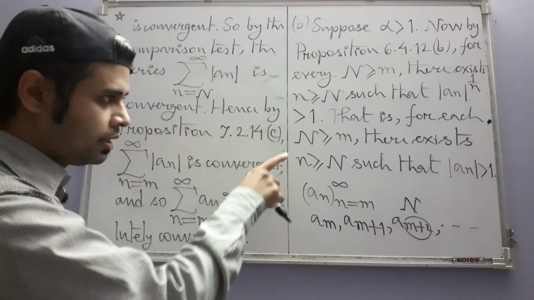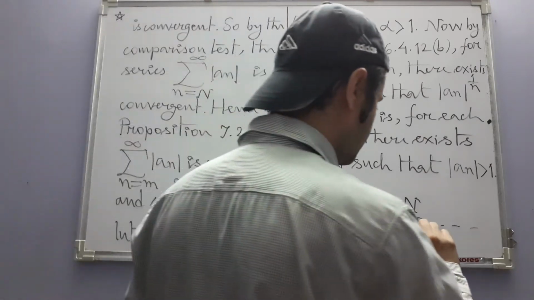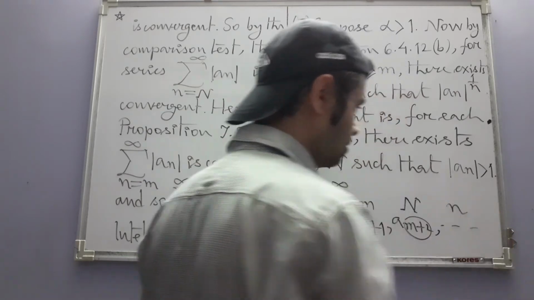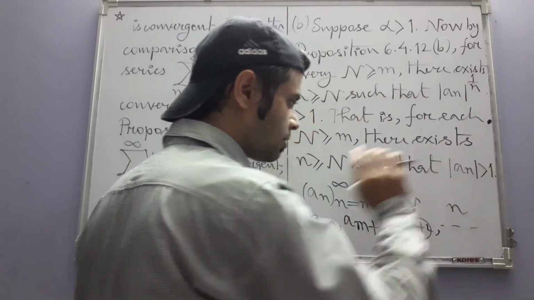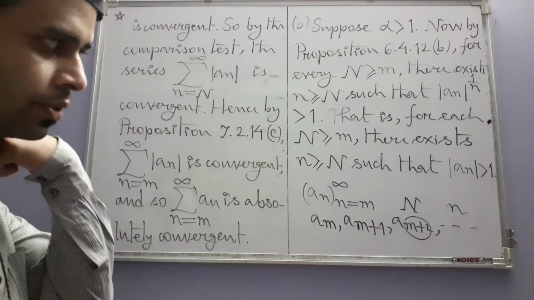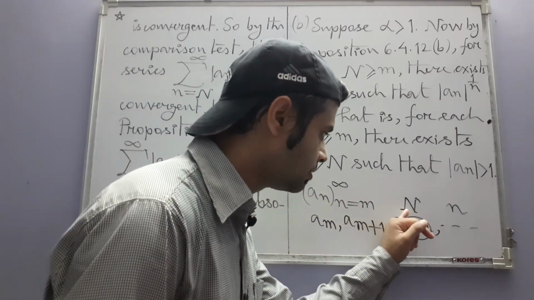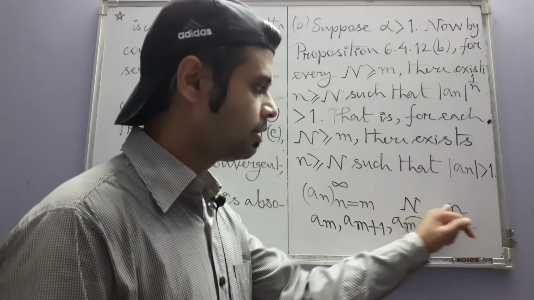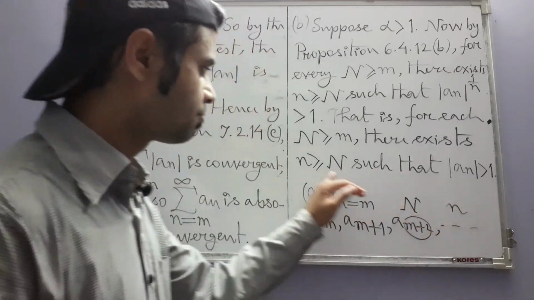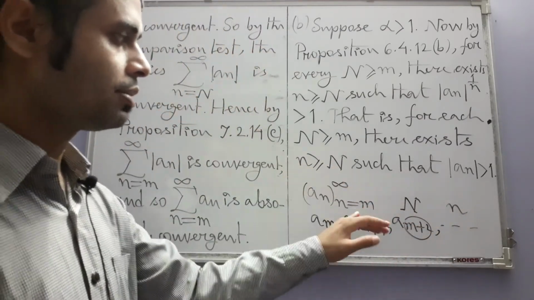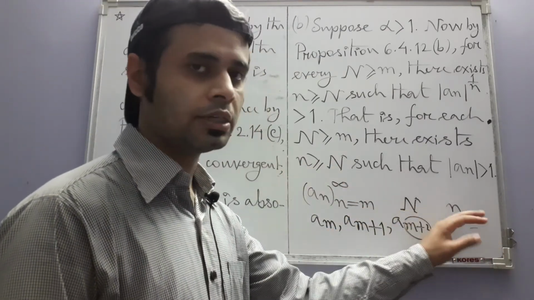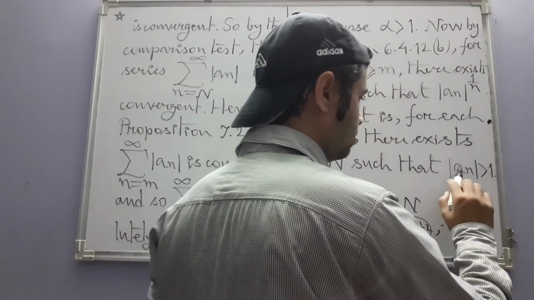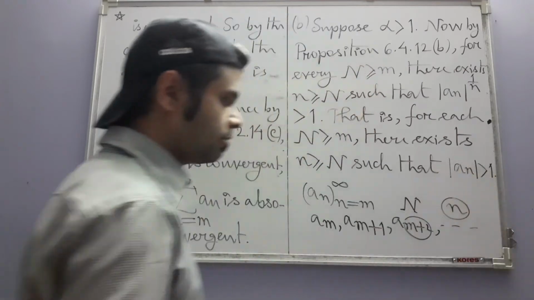Then what we have written here is just simply this: beyond m plus 2 there is some n for which this absolute value is greater than 1. So no matter how large you take this capital N, you will always get a still larger n. Of course this n may be capital N also, but starting from that stage onwards you will get some index value n which will make this absolute value greater than 1.